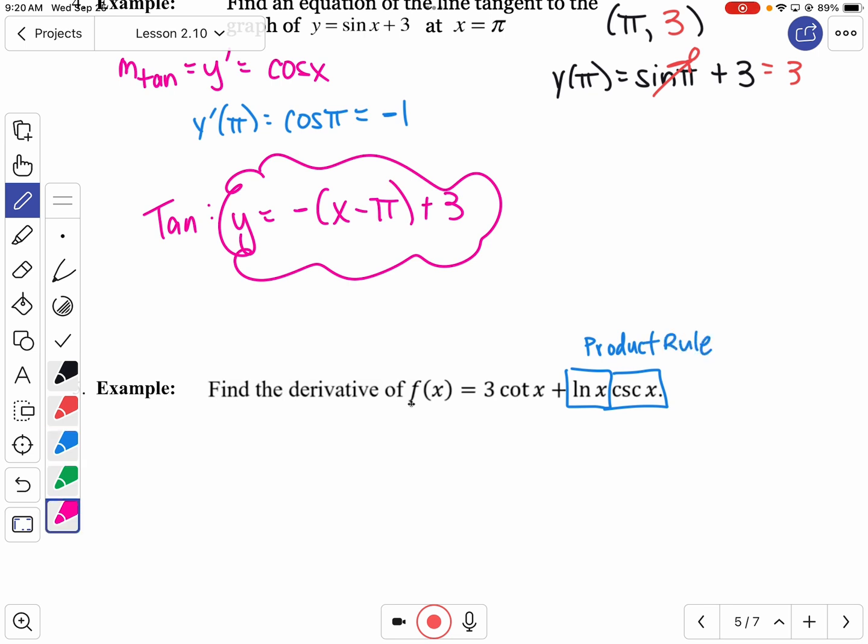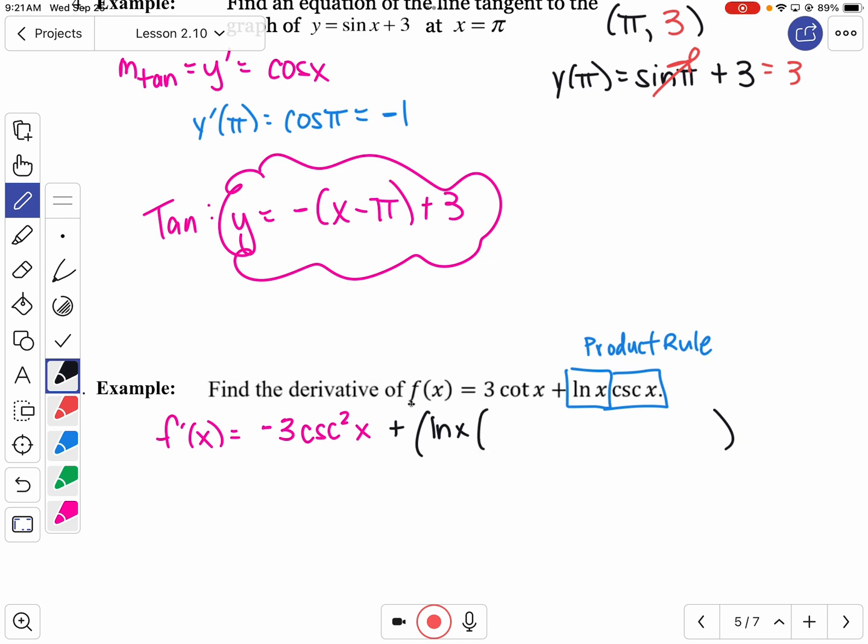The cotangent, I'm just going to be able to use my cotangent formula, all right? So here we go, f prime of x. The 3 is a coefficient, it's going to stay. What's the derivative of cotangent? Okay, it's negative cosecant squared. It's a co, so it's going to be a negative, okay? So negative 3 cosecant squared. Now, I'm going to keep that plus, and let's do this product rule, okay? Product rule says you take the first times the derivative of the second.